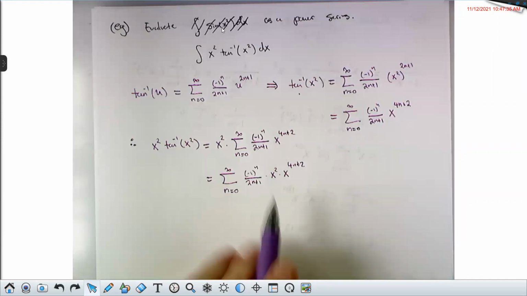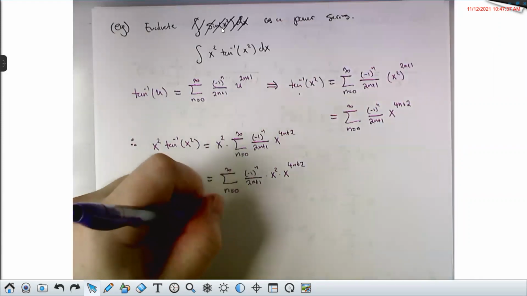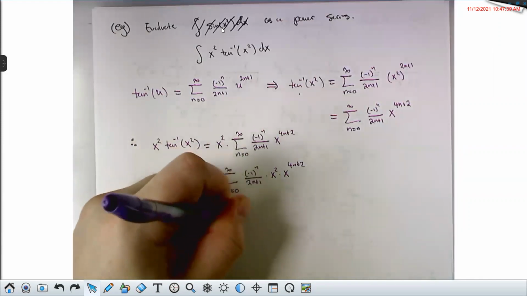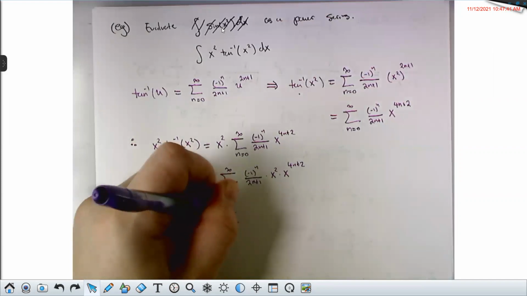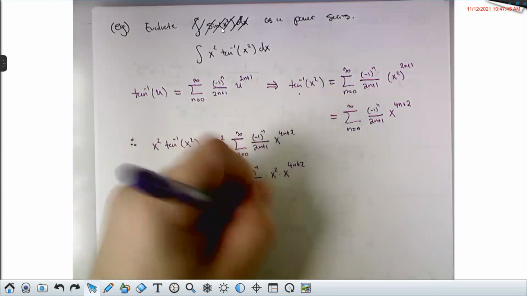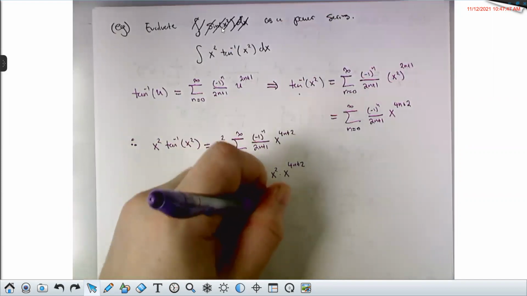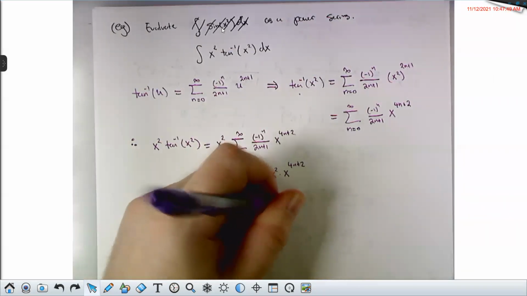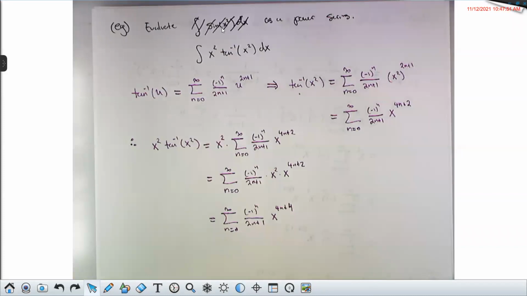And when I multiply x squared and x to the 4n plus 2, everything else staying the same, I get x to the 4n plus 4. Right? Multiply like bases, add the power. 2 plus 4n plus 2 is 4n plus 4.